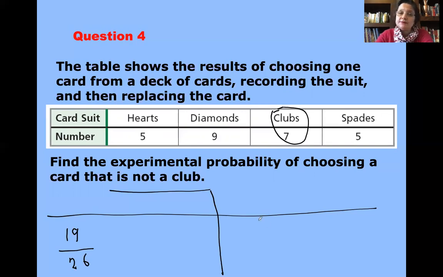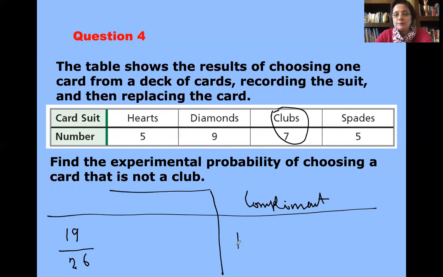The other method is called the complement method, which is based on the fact that the total of all the probabilities has to add up to 1. So 5 over 26 plus 9 over 26 plus 7 over 26 plus 5 over 26 equals 26 over 26, which is 1.